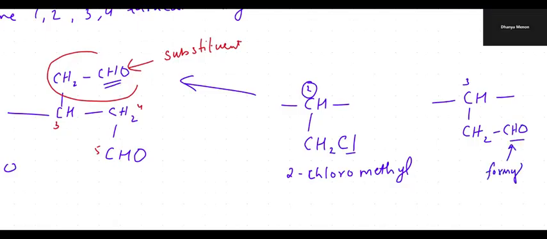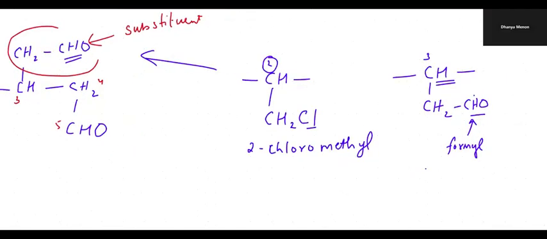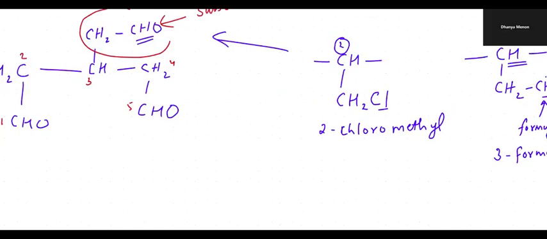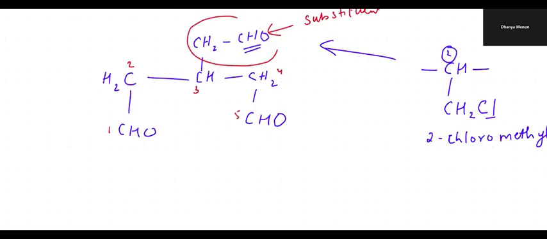It is not directly connected to the main chain. So how would you name it? It is 3-formylmethyl. This is how you name it, right? So we will apply this name here. So at the third position, what do you have? 3-formylmethyl.